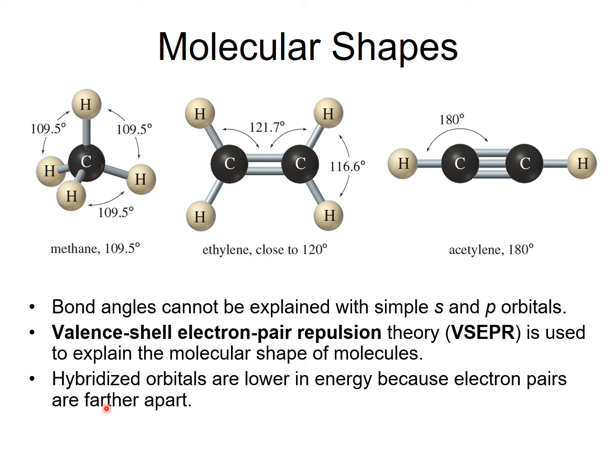So in VSEPRT, you have hybridized orbitals. The reason why you have hybridized orbitals is because when you hybridize orbitals, it is lower in energy, because the electrons can get farther away from each other than they would be able to if you did not hybridize orbitals.